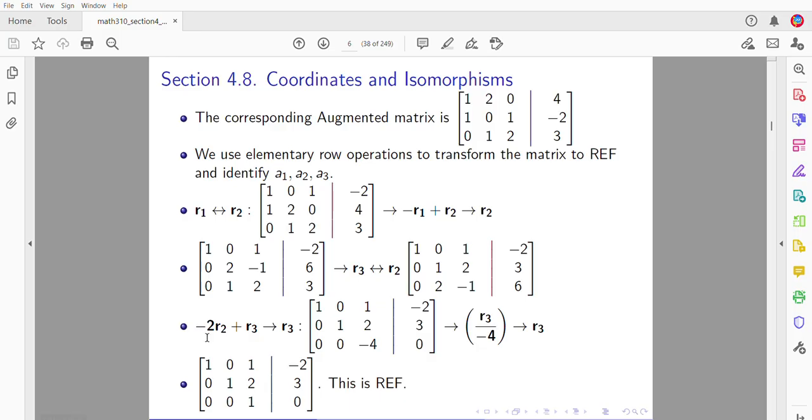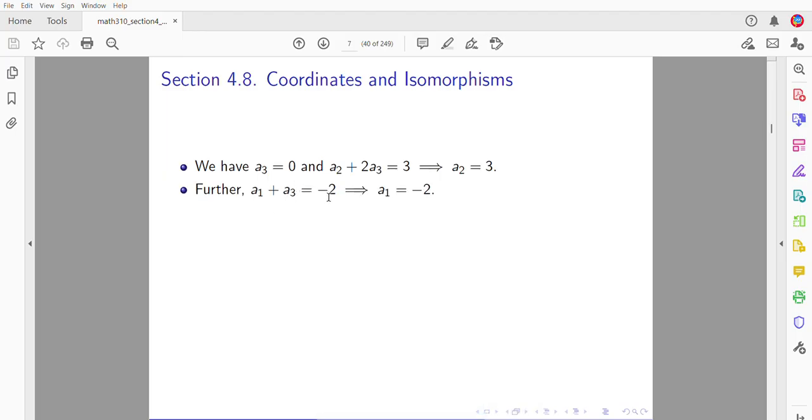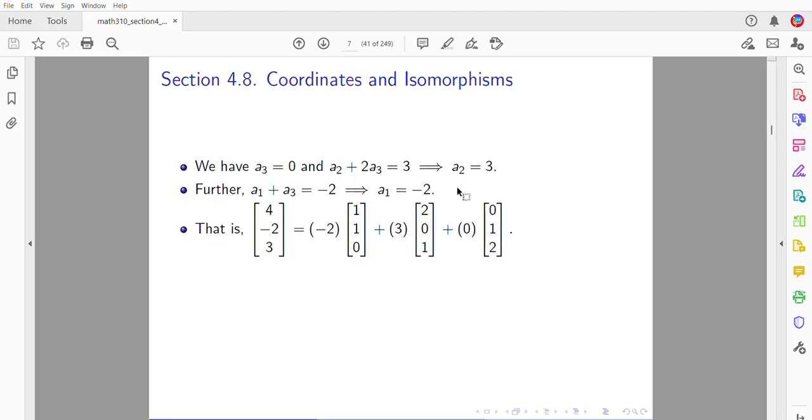And then a1 plus a3 is negative 2, but a3 is 0, so a1 is negative 2. Okay, so you found the solution for 4, negative 2, 3. a1 is negative 2, a2 is 3, and a3 is 0.